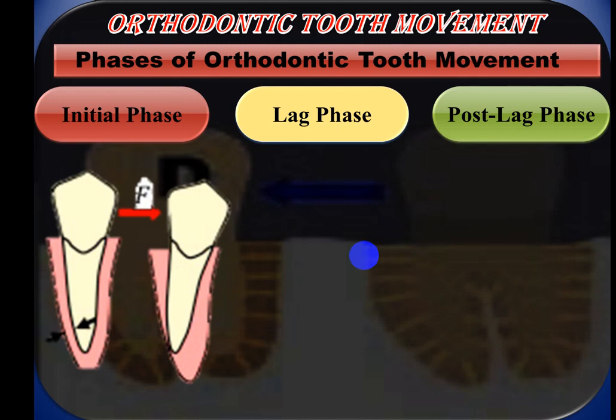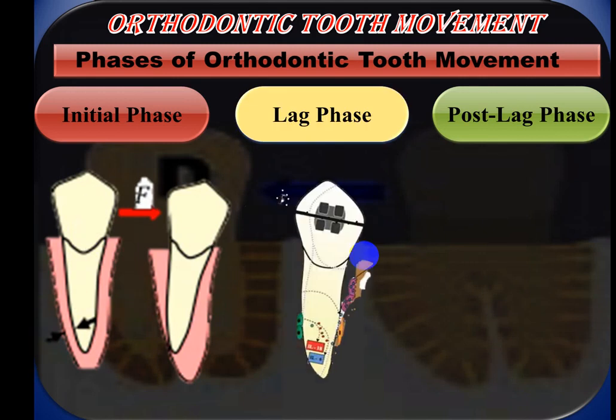After the initial phase has occurred, it continues into the lag phase. The lag phase is characterized by either very little or no tooth movement. So what will happen in the lag phase? The lag phase represents the phase of cellular differentiation for the cells present in the PD ligament space.